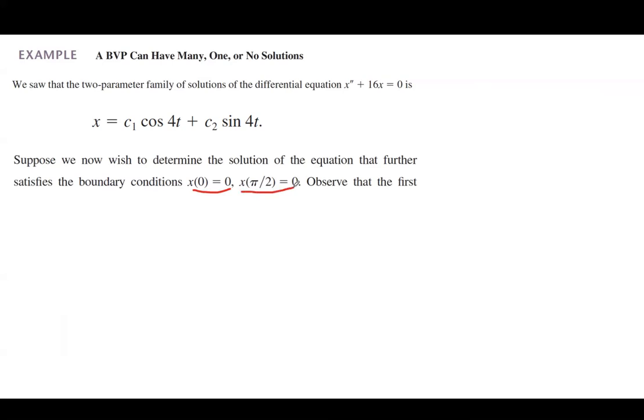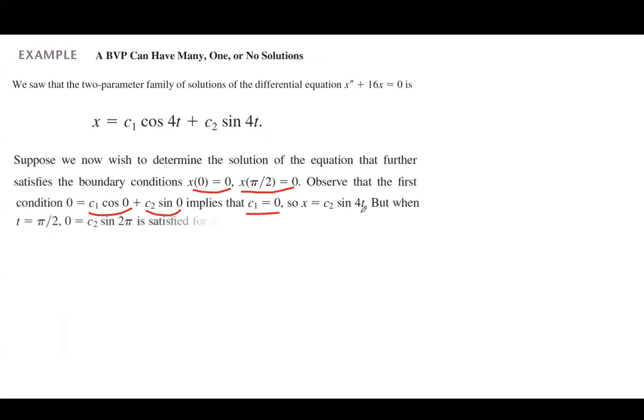First of all, please observe that c1 times cosine of 0 plus c2 times sine of 0 is equal to 0. So what's the meaning of that? It means that c1 must be equal to 0. So x equals c2 sine 4t. When you plug in t equals pi over 2 and solve this equation, c2 times sine of 2 pi becomes 0.